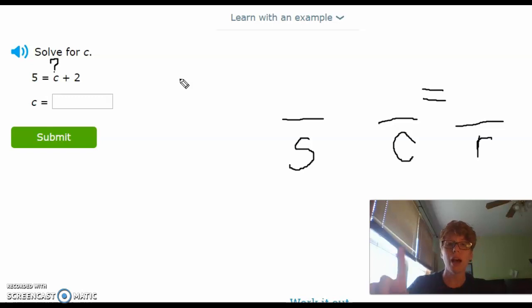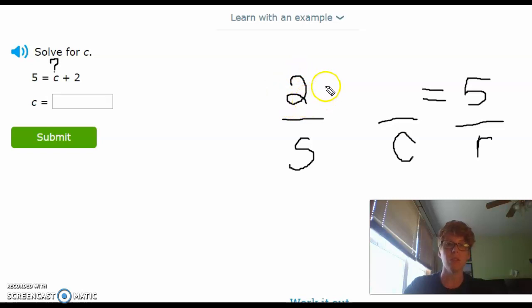Okay. So I'm going to fill in my start, change, result little outline here based on what this word problem is saying. It's saying that I have 5, and that equals C plus 2.